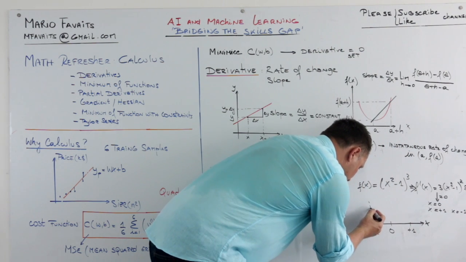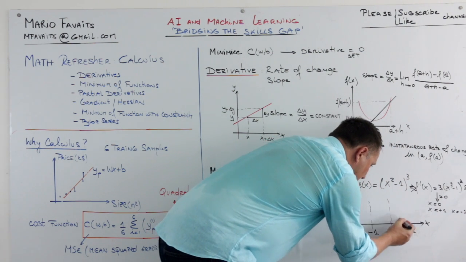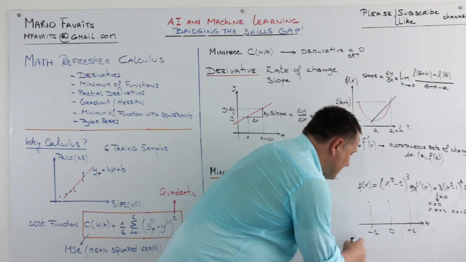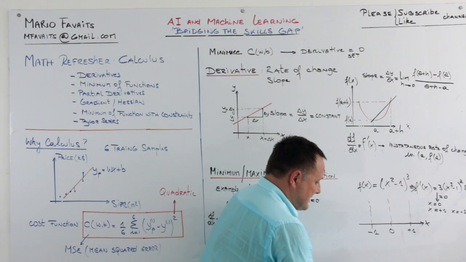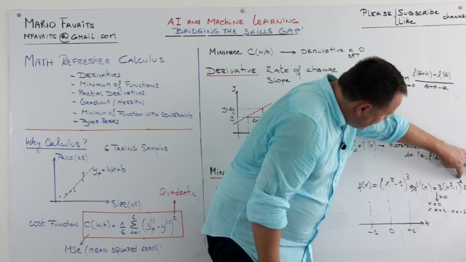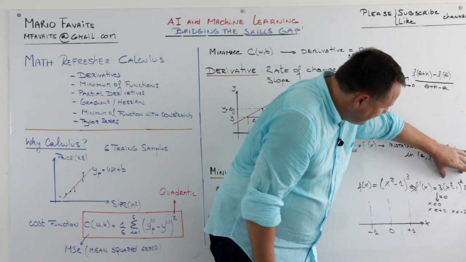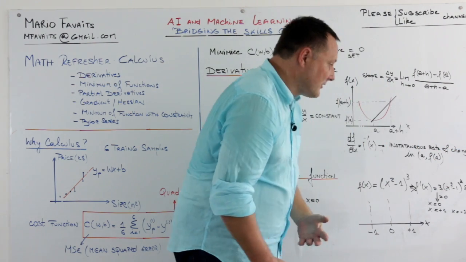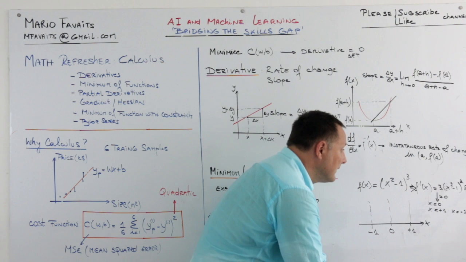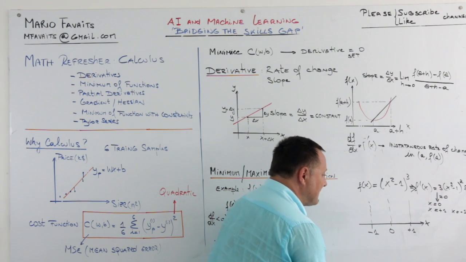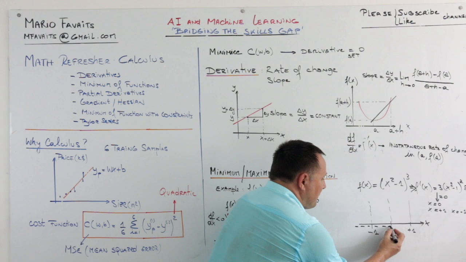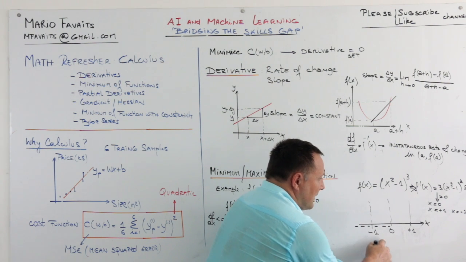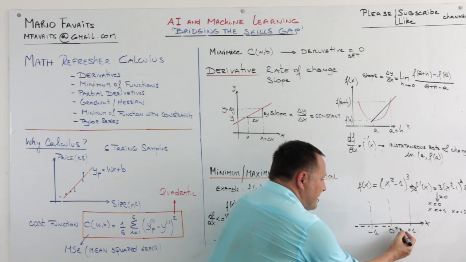Okay, so let's see what it means. If we look at the negative numbers here, the term between brackets is squared, so it's always positive. So it's the 2x that's going to define the sign. If x is negative, this will be negative. It will even go through the minus 1. When x is positive, everything is positive.